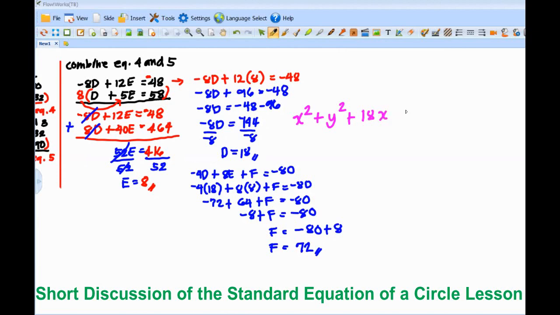Sir, why is F not negative 70? Sorry, negative 72. Then where is the y? Plus 8y minus 72 equals 0. Right? This is our equation.